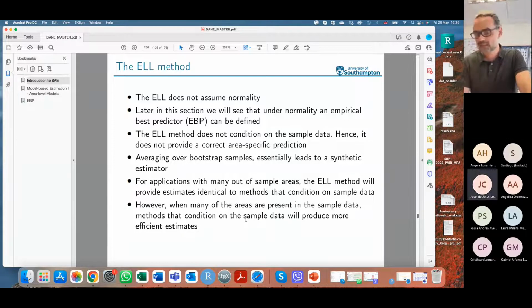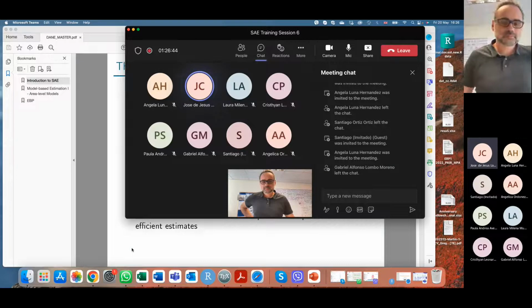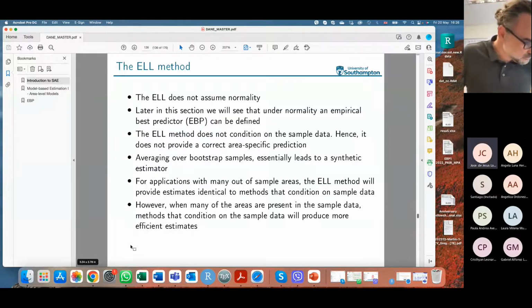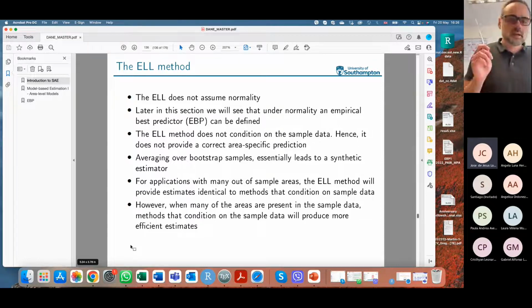Okay? Question? Sorry, Nikos, one question. I don't completely get the expression "condition on the sample data." Could you please elaborate?